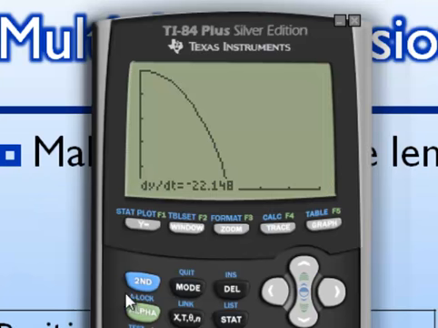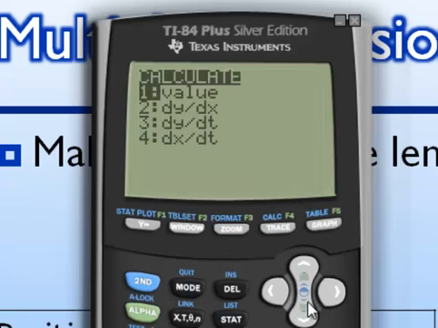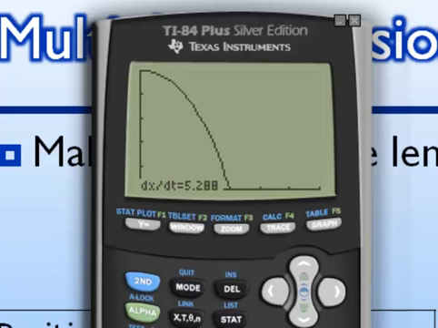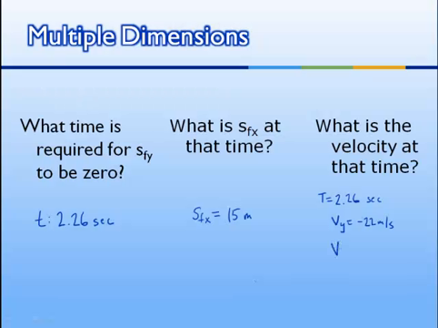If we repeat these steps, second calc, but repeat them with the horizontal dx dt, and type in 2.26 seconds and hit enter, this calculates how fast horizontally we were going. Remember, we started at 8, but we were going into a headwind, so we've slowed down to about 5.3 meters per second. Let's just round that to 5. Vx was about 5 meters per second.